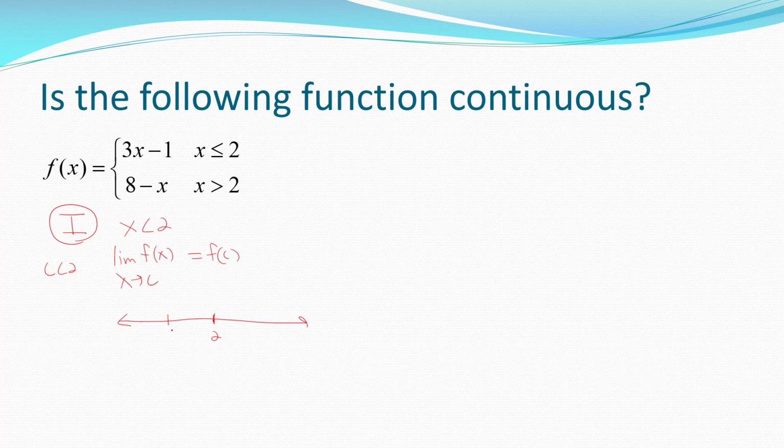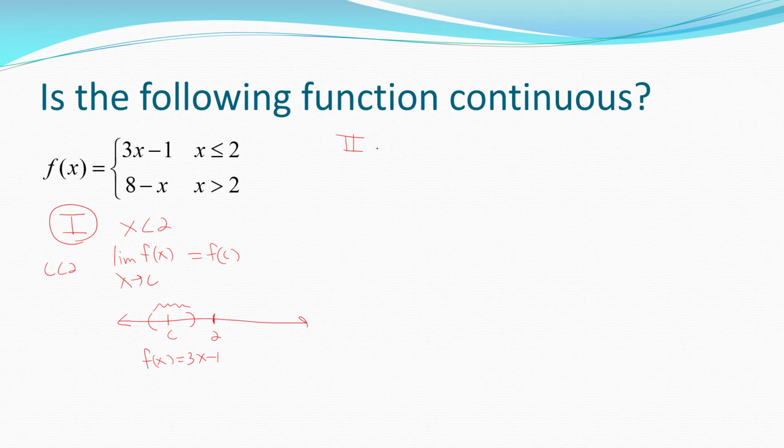If this was c, then there would be some interval around that c within which the function is always defined the same way. It's always defined as f of x equals 3x minus 1. So within that interval, the function is certainly continuous. So it's continuous, therefore it's f of c. Doing the same thing at 2.